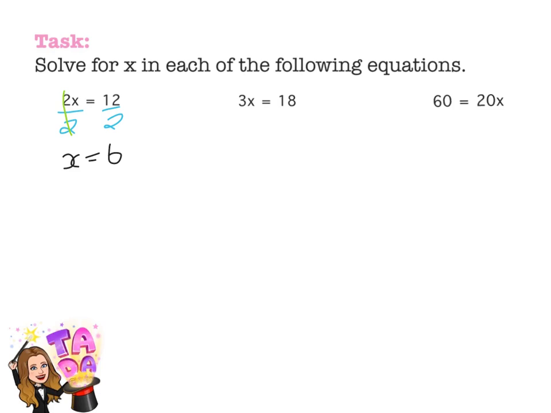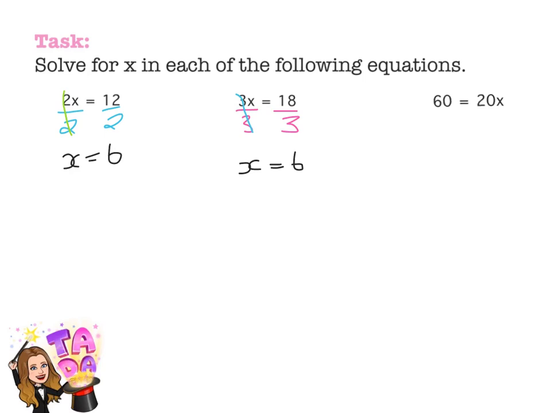And if we look at 3x equal to 18, I divide by the number in front of the x, so I'm dividing both sides by 3. 3 divided by 3 will always cancel to leave me with x or 1. And that's equal to, 18 divided by 3 is 6, because 6 3s are 18.